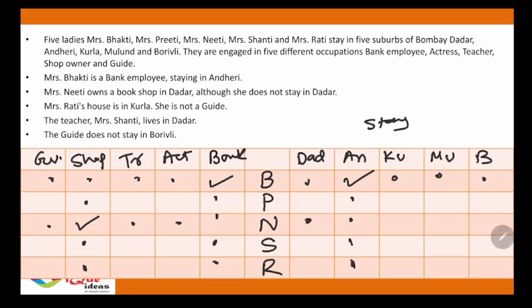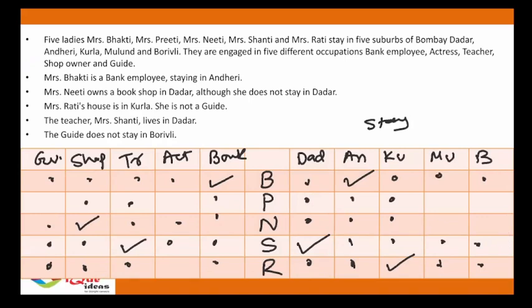So we have to eliminate Dadar for Neeti. Now Rati's house is in Kurla. So Rati in Kurla, and she is not a guide, eliminated. The teacher Mrs. Shanti, so Shanti is a teacher, so others are eliminated, and she lives in Dadar. Now before I go to the last one, the guide does not stay in Borivali.